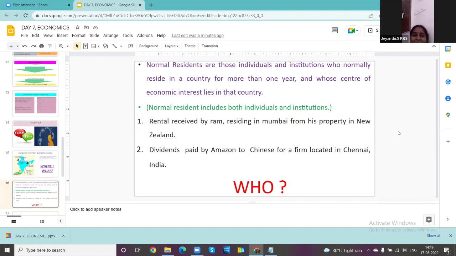Yes, ma'am. And how will we account this? Because Ram's income belongs to normal residents of India. Correct. As what will we account this? The item also has to be specified. As factor income from abroad. The words factor income from abroad should be mentioned.